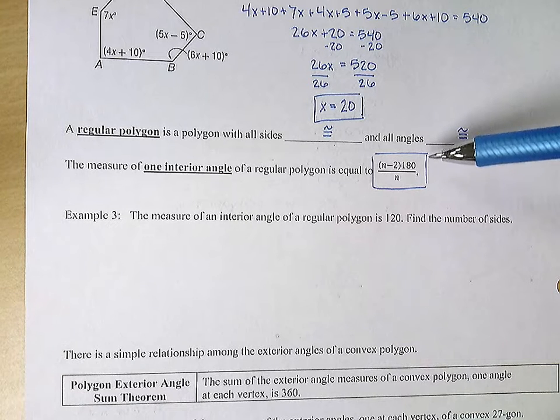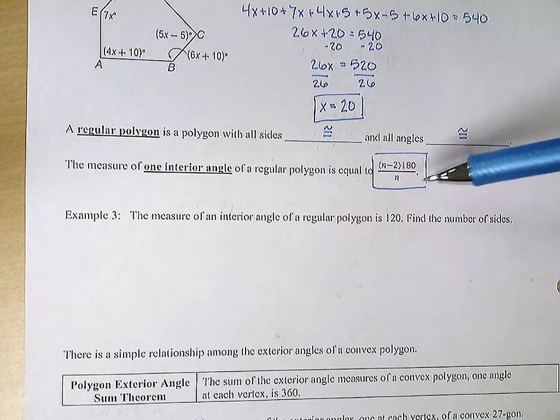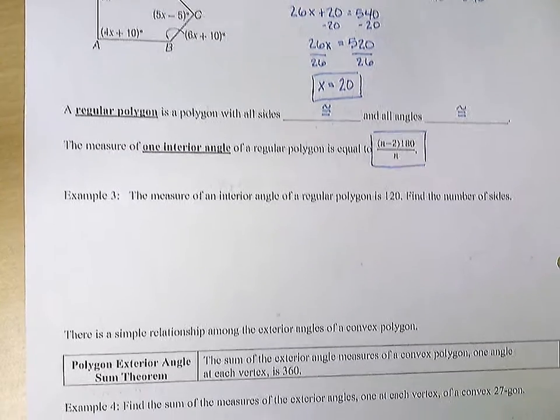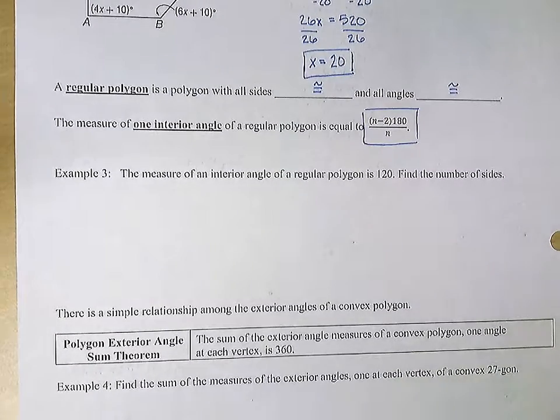Again, that's your interior angle sum. But then I can divide it by how many sides I have, because that's how many angles you have, to get just one of those interior angles instead of all of them added together. Okay, so we can use that formula to find our number of sides. So that's what we're going to do in example 3 here.